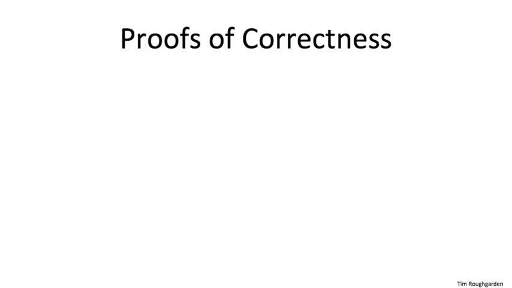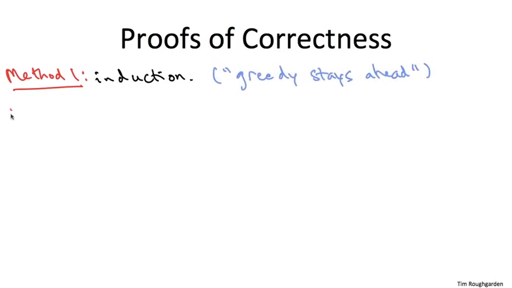So method one is our old friend, or perhaps nemesis, depending on your disposition, namely proofs by induction. Now, for greedy algorithms, remember that what they do is sequentially make a bunch of irrevocable decisions. So here the induction is going to be on the decisions made by the algorithm.